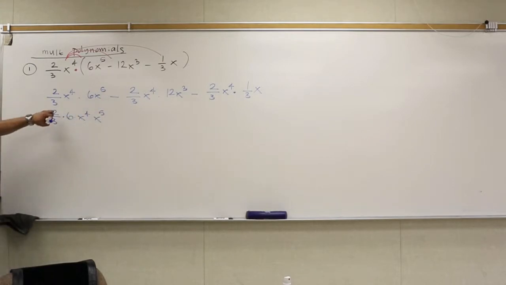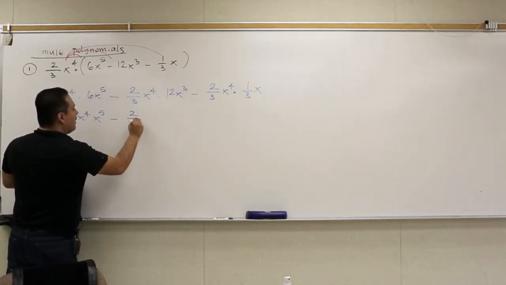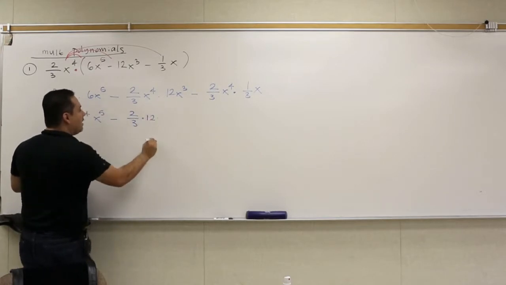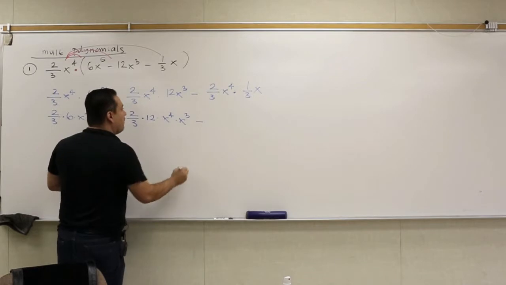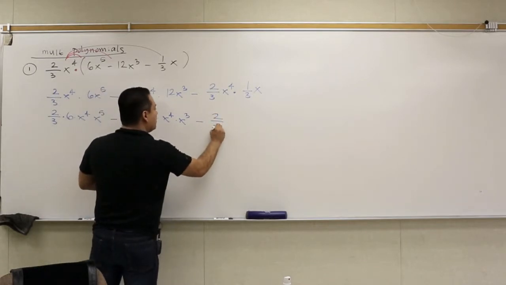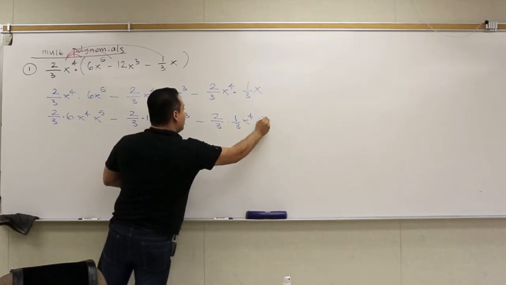Is that true? Didn't we just rearrange the terms? We get the numbers on the left and the letters on the right. Okay, let's do that. Let's rearrange our terms. Minus 2/3 times 12 times x to the 4th with x cubed minus 2/3 times 1/3 x to the 4th times x.